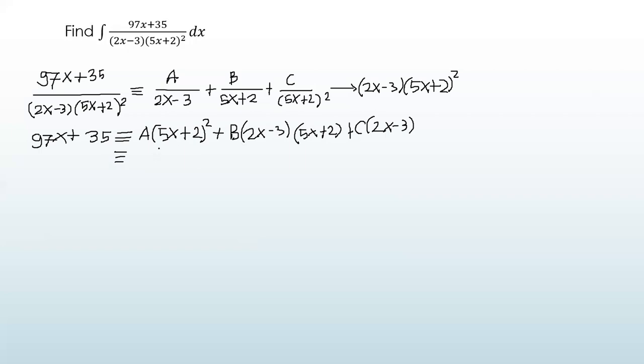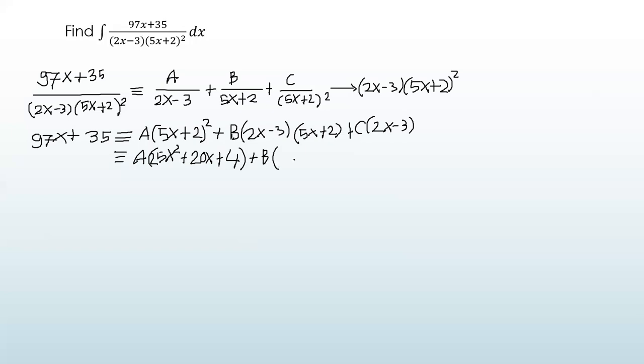Expand these expressions. For a, it's 25x squared plus 2 times 5 times 2 times... equals 20x, plus 4, which is 2 squared.